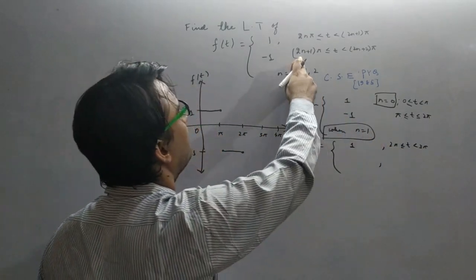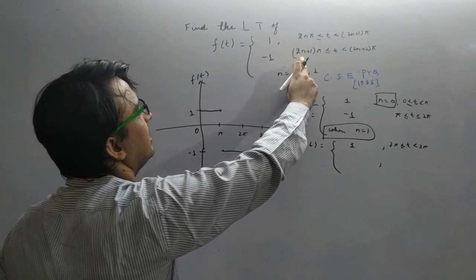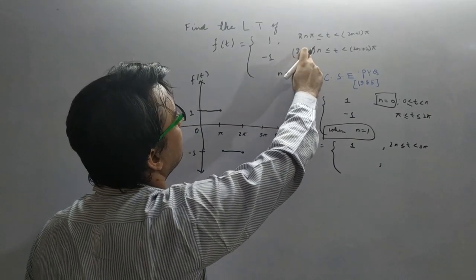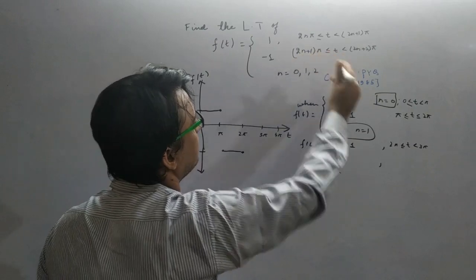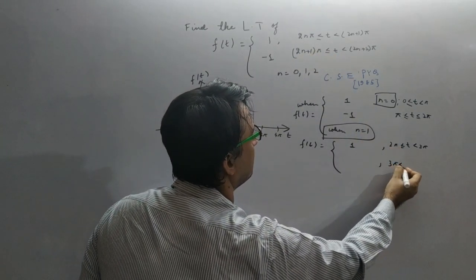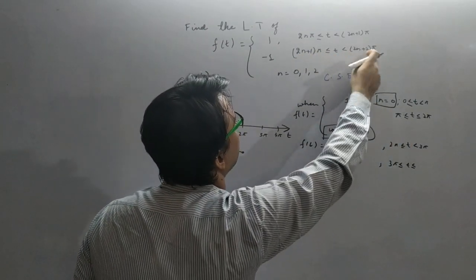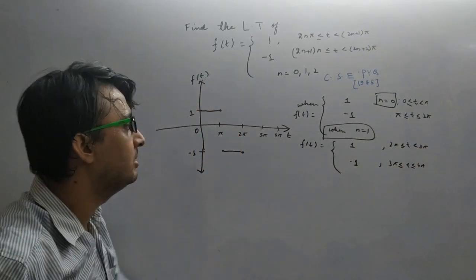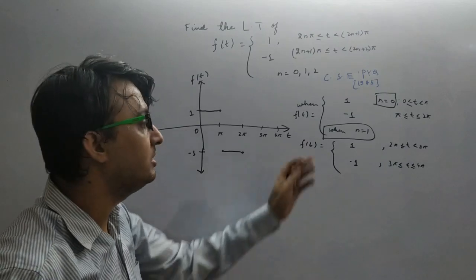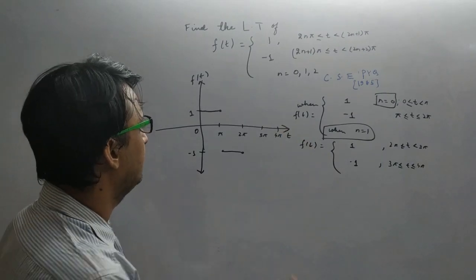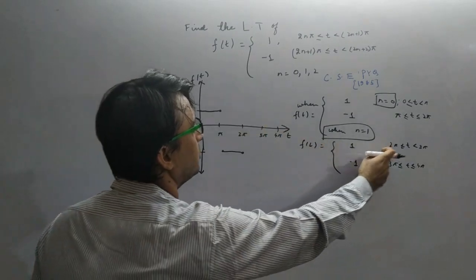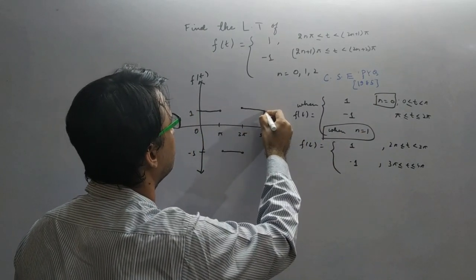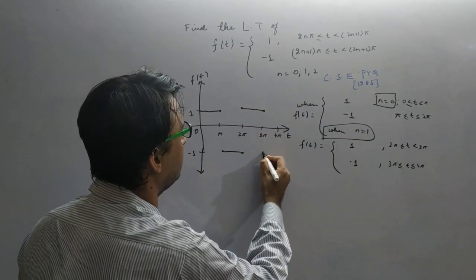Similarly, when we put 1 here, it becomes 2 into 1, 2 plus 1, 3, so 3 pi to 2 plus 2, 4 pi. So we are seeing what is actually happening: the function is repeating with periodicity. From 2 pi to 3 pi it again repeats, and from 3 pi to 4 pi it is again minus 1.